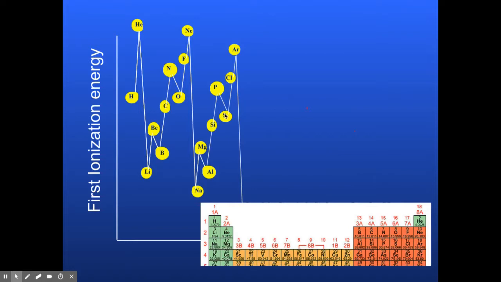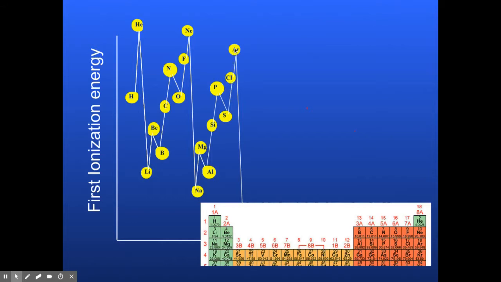And then after phosphorus, sulfur's next electron is going to be not as attracted to the nucleus, even though it has more protons. And the reason for that is because of that first pairing of electrons, and you have that Coulombic force of repulsion between those paired electrons.